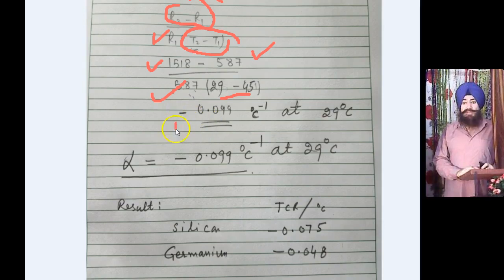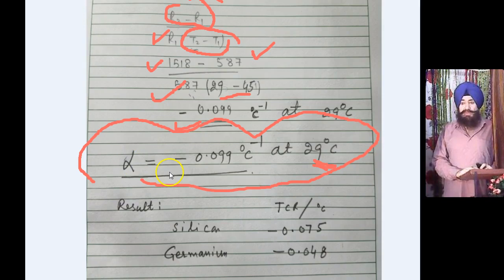You find the value. Here we are getting the value of alpha as minus 0.099 per degree Celsius. R2 minus R1 is in ohm and R1 is in ohm, so the unit cancels out and only the temperature unit is left in the denominator. That's why it is per degree Celsius.